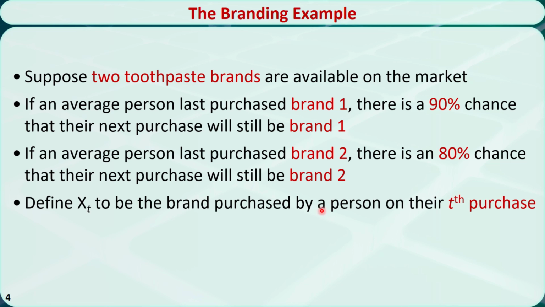Let Xt be the brand purchased by a person on their t-th purchase. Each person's purchases can be represented by a two-state Markov chain. State 1 is that they purchased brand 1, and state 2 is that they purchased brand 2. So this is the one-step state transition probability matrix.